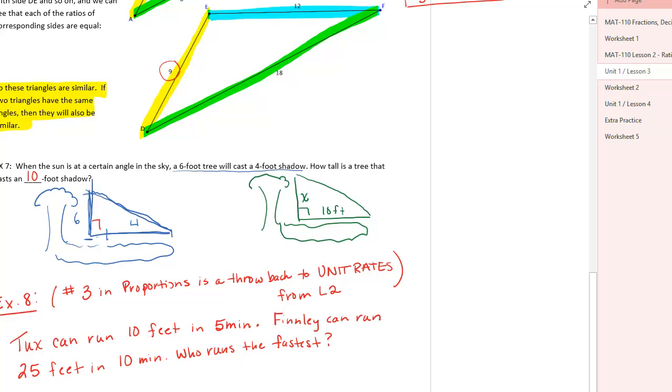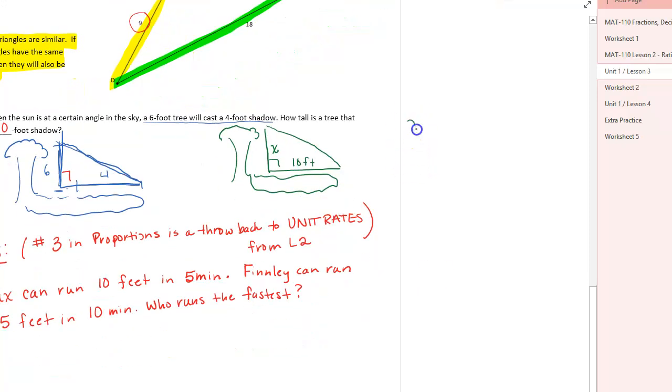So if we set up a proportion with this triangle, we can also find the missing side. So we would say x is to 6 as 10 is to 4. I'm using this side corresponding to this side and the shadow corresponding to this side. So now we have a proportion.